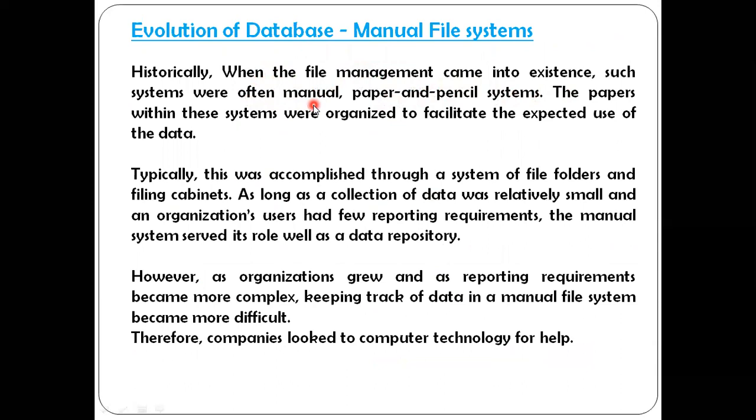They used to maintain ledgers. Paper and pencil system, that is what I said. The papers within these systems were organized to facilitate the expected use of the data. Typically, this was accomplished through a system of files, folders, and filing cabinets.